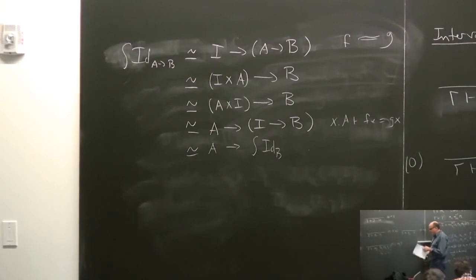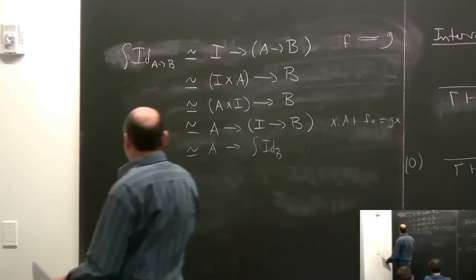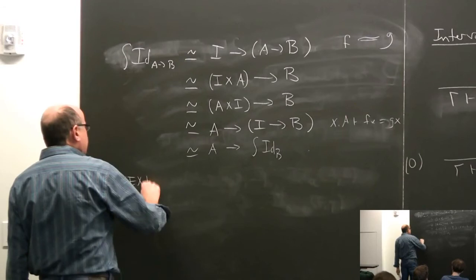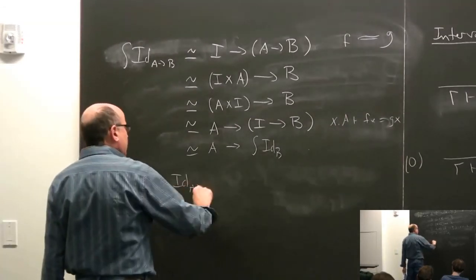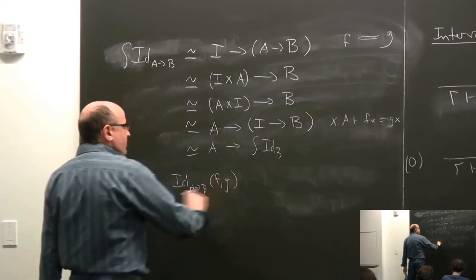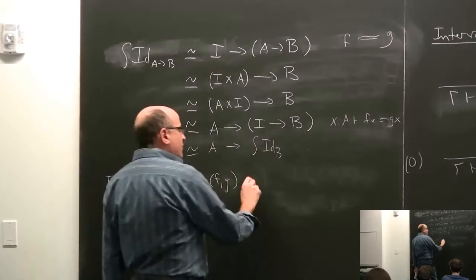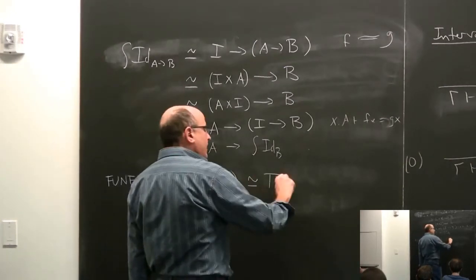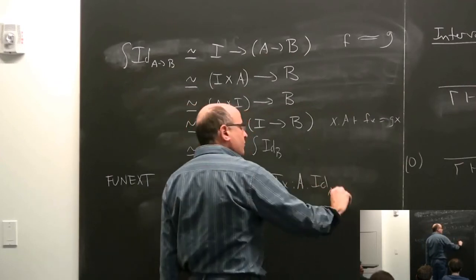And in fact, if you trace that out in more detail, you can get out function extensionality, which we've talked about before. Function extensionality, remember, says that the space of paths between particular endpoints F and G in A arrow B has an equivalence with the homotopies. And now you can see the reason why I called those homotopies.